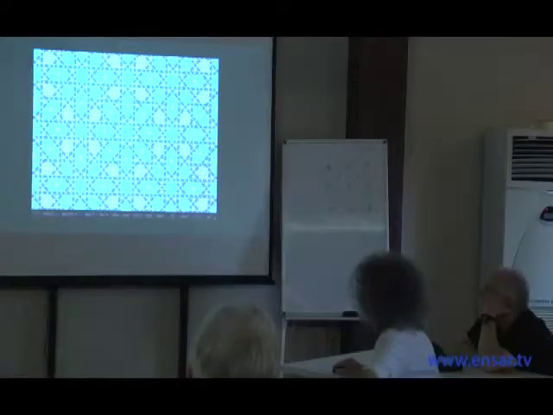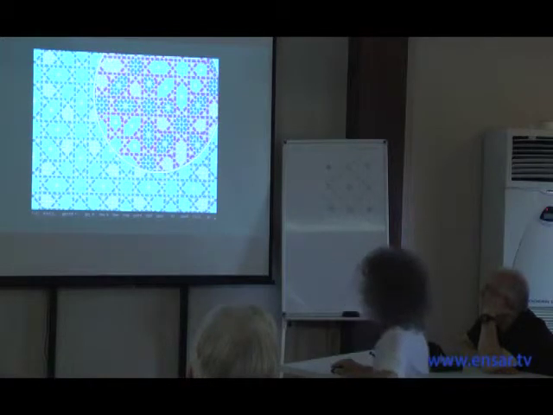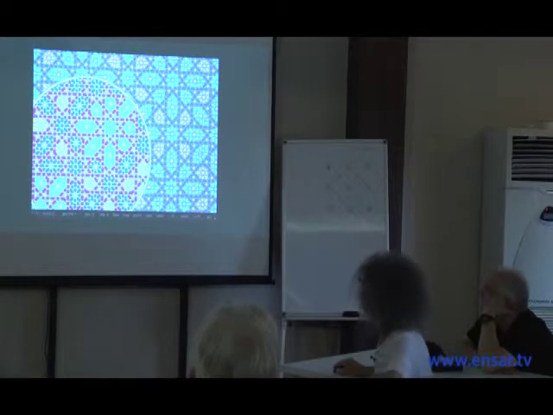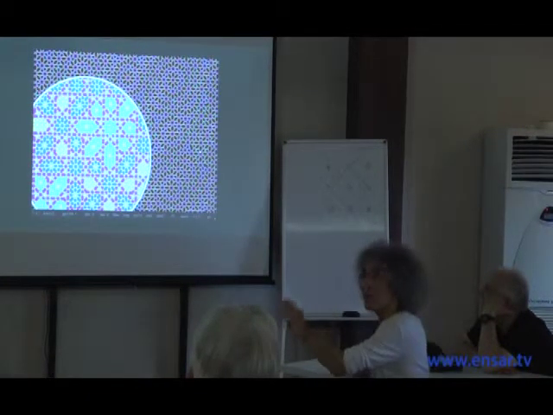So, of course, now I can continue. I can see, if I look here, that's another layer, etc., etc. And that's something that is written on the wall of the Alhambra. And Emil Markovic knows this very well.